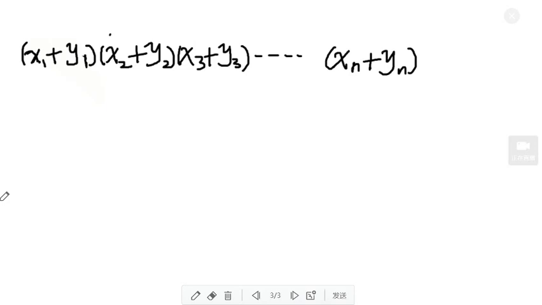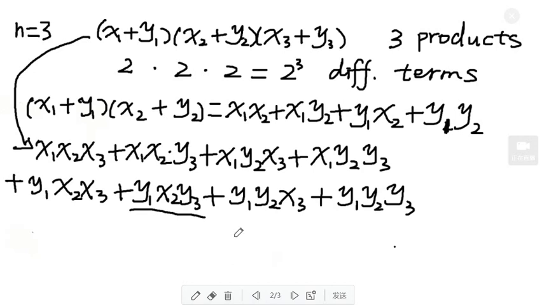So here, if you think about the 3 case, the three product, it's easy to get it, okay? So here we have n product. Let me come back to the first one.